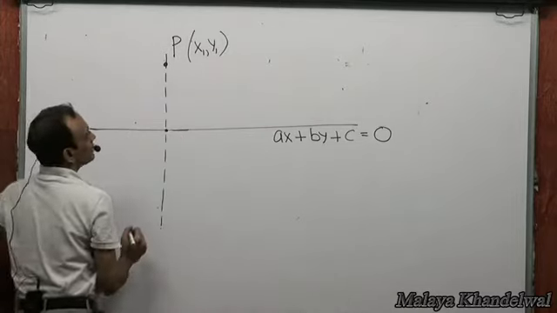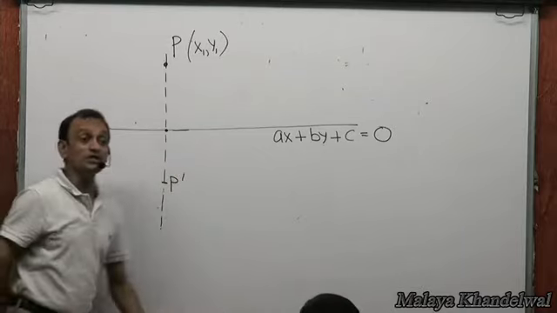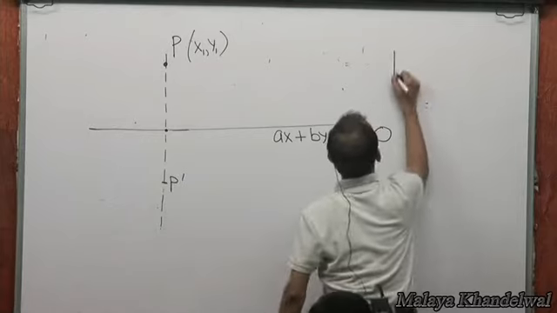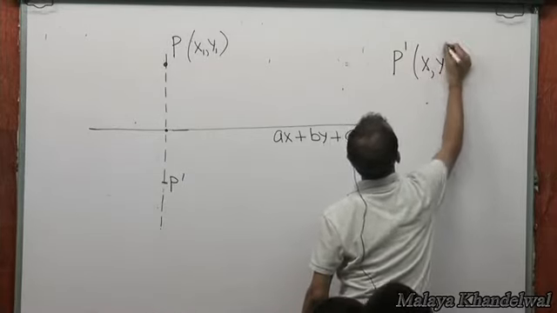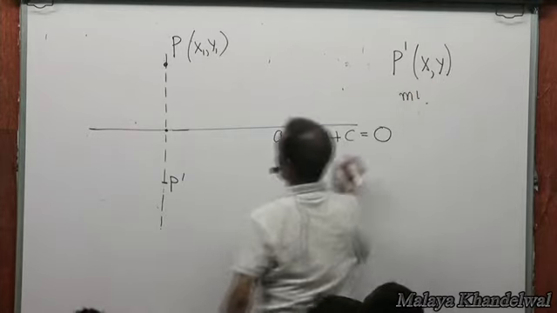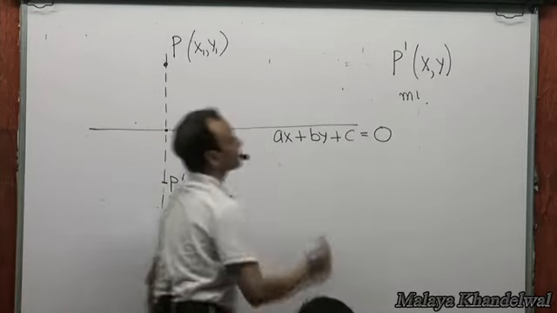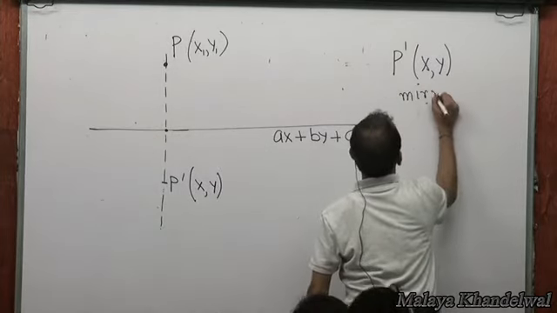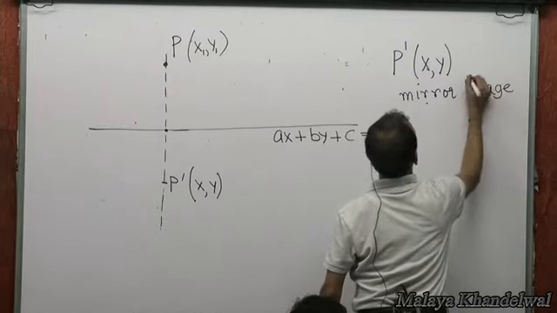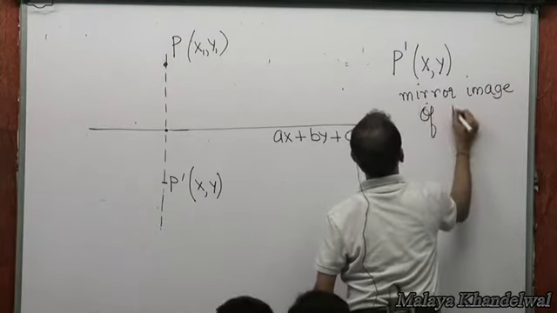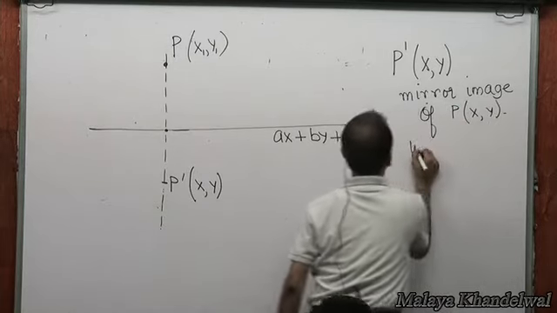Now, P has a mirror image, P prime. P prime is the mirror image of P. P prime has coordinates x comma y, which is the mirror image of P with respect to the line.